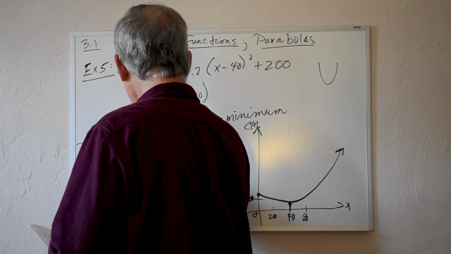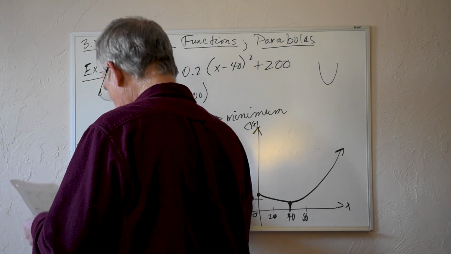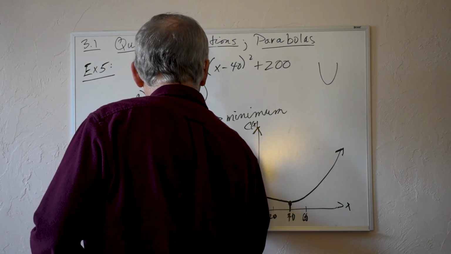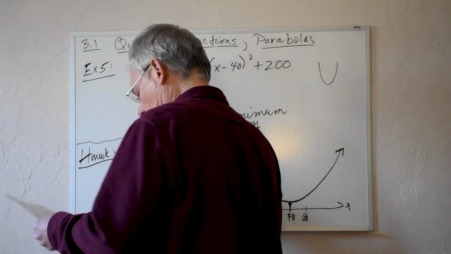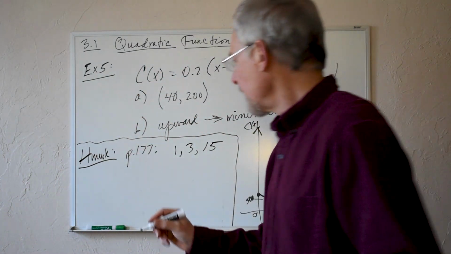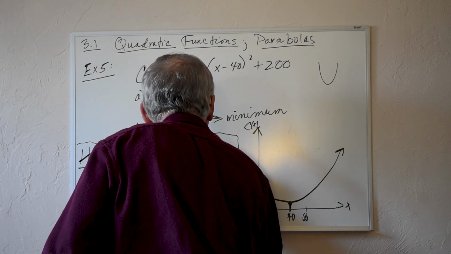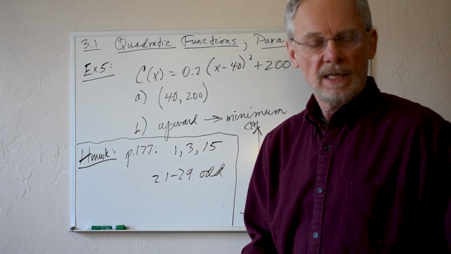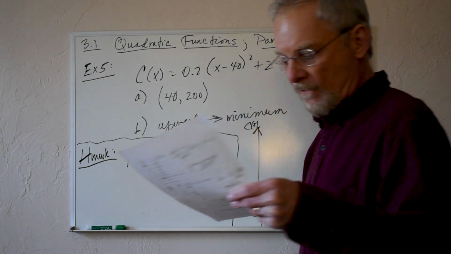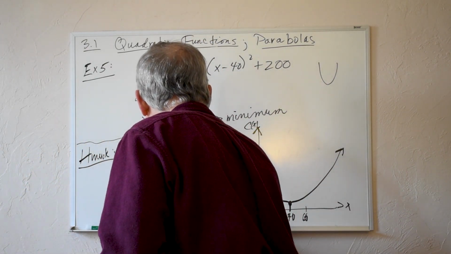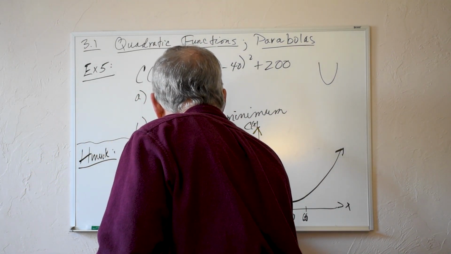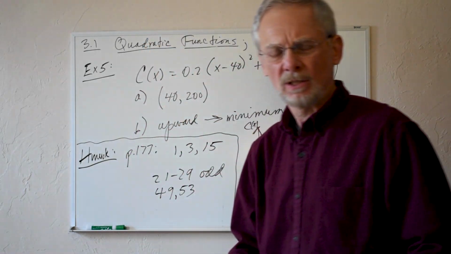It all starts on page 177. 1, 3, 15, then 21 through 29 odd, and then 49 and 53. So there's a lot of homework. This was the big section, a lot of material.